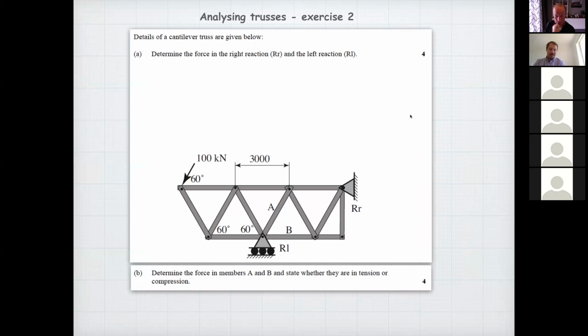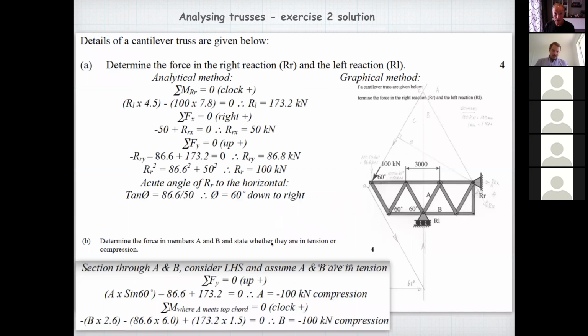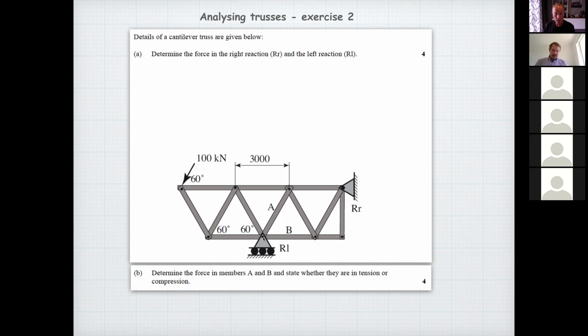Now, this was a question that I asked in one of the independent trials. And they're asking you to determine the force in the right reaction and the left reaction. And as soon as a student gets a question like this, I get them to put this force in, and I get them to show that it's at 90 degrees.